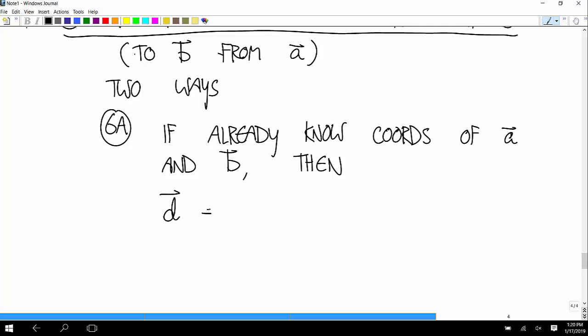Then D is equal to, we're going to B from A, so B, the destination point, minus the starting point, is the vector that goes from A to B. So that's easy. If you have the coordinates of the two, just do that subtraction, and that gives you a vector that points from one to the other.